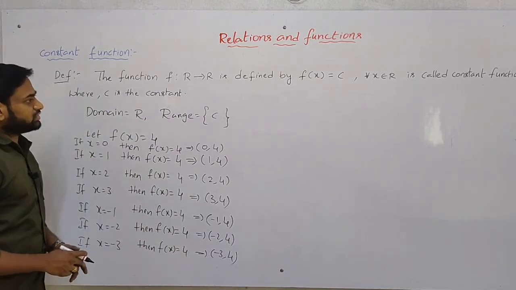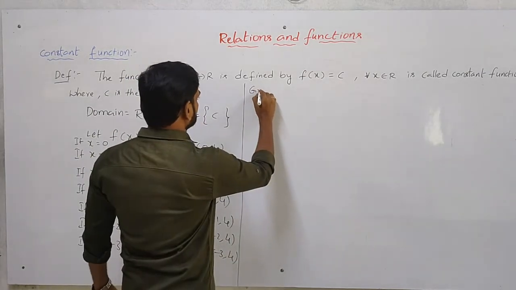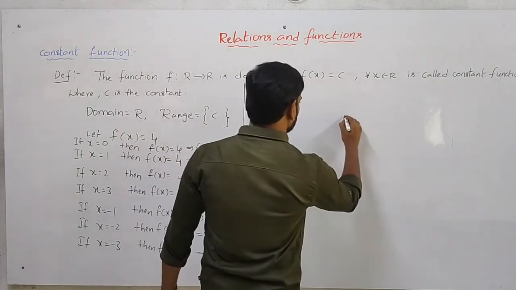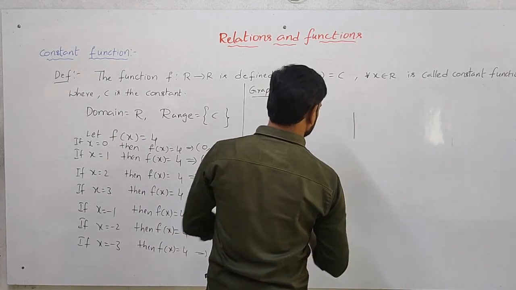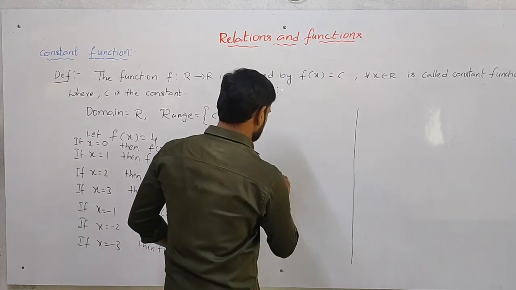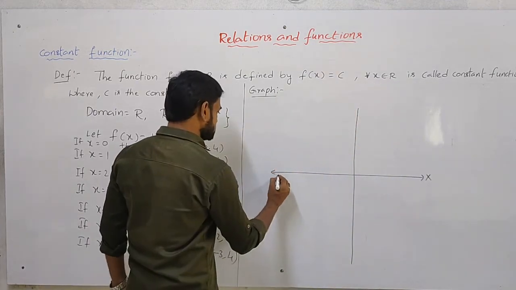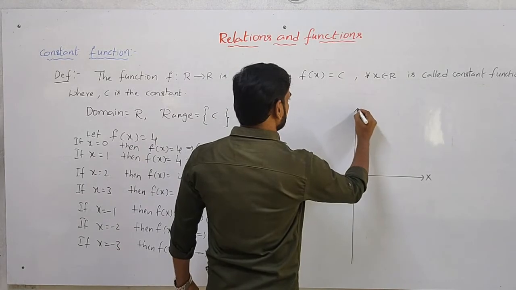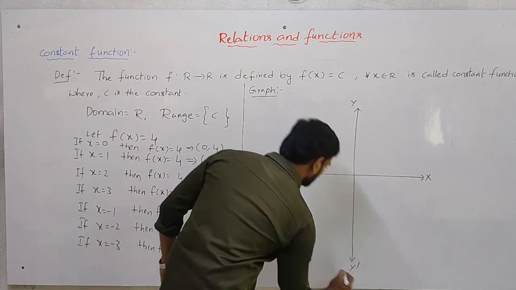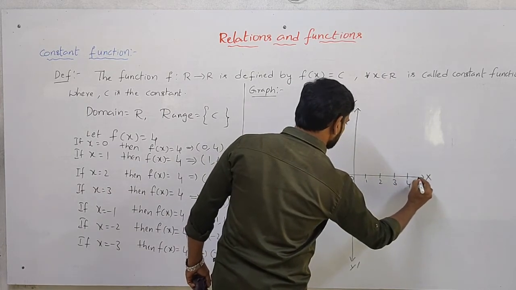Now, what about the graph? See here. Positive x-axis, negative x-axis, positive y-axis, negative y-axis, y dash. 0, 1, 2, 3, 4, 5 like that.